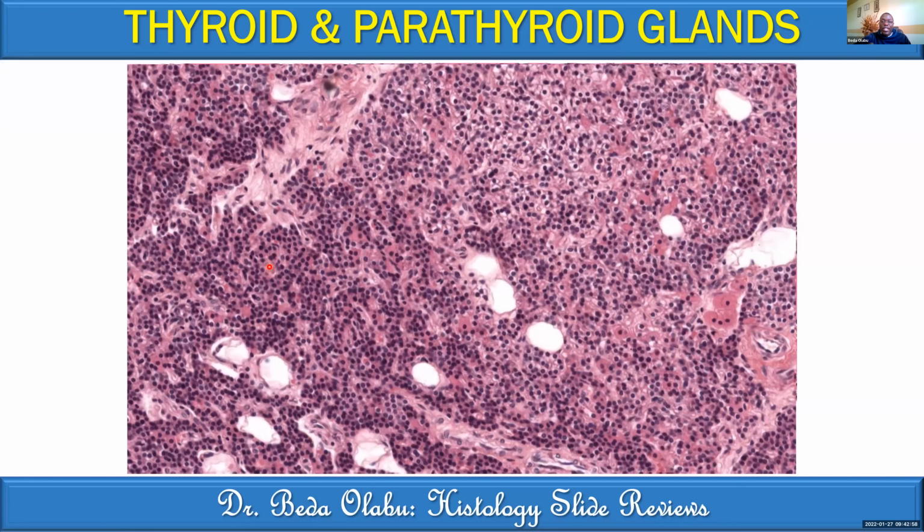So I've taught you 4 cell types. The fat cells, adipocytes, oxyphil cells, clear cells, and principal cells or chief cells. The chief cells are the majority, and they're the ones that produce the hormone.